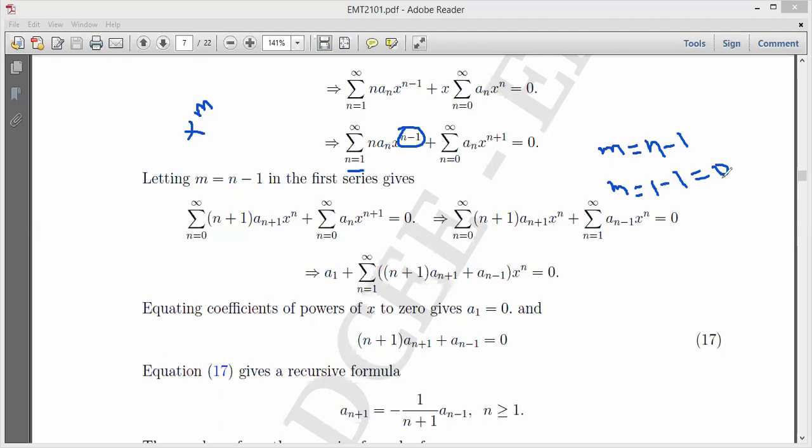Since this is m, our m will now run from 0. But remember, in here we have n and we have a_n, so what is n? We have to substitute for n. We make n the subject, so n will be equal to m plus 1. That is what we have there.